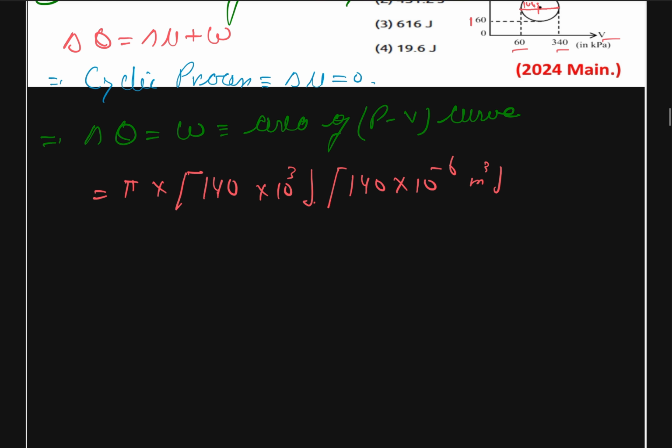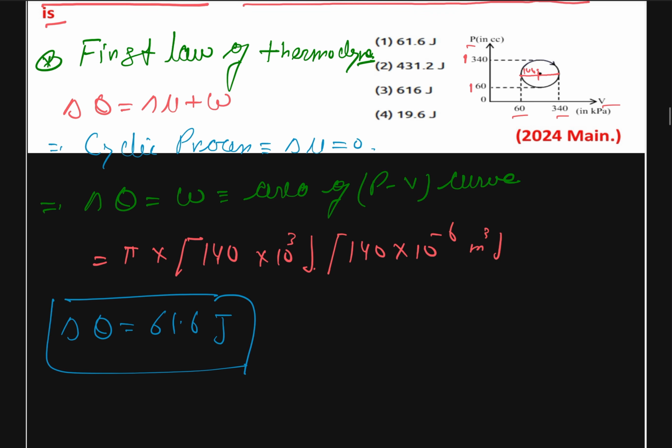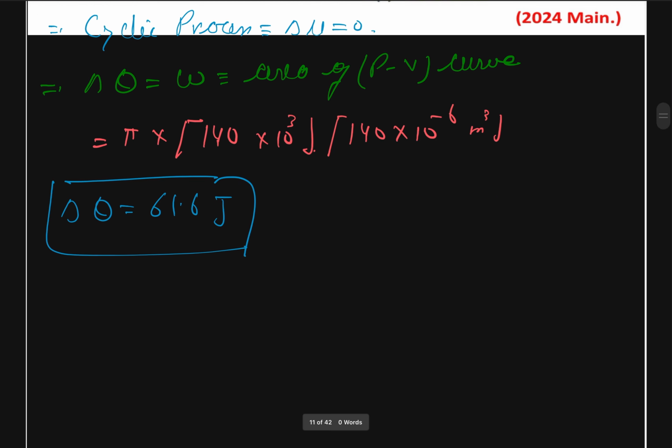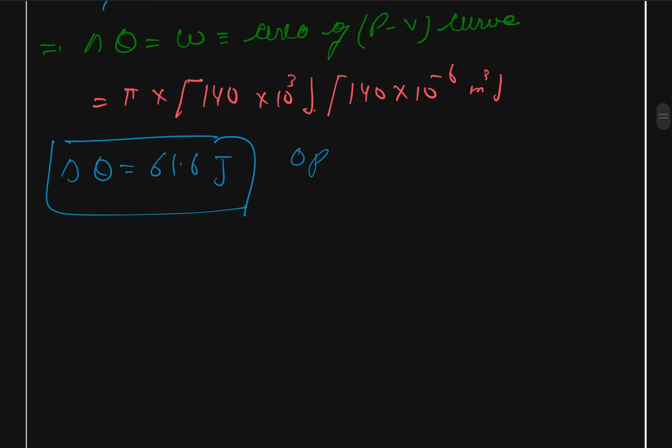So we get that our delta Q will be equal to 61.6 joules. Okay. So option 1 is correct.